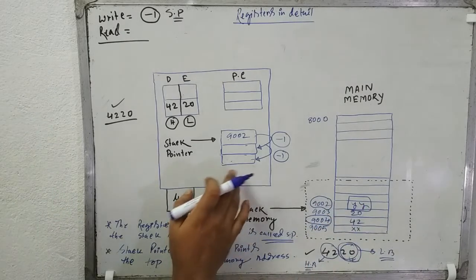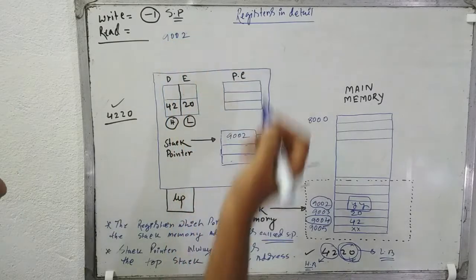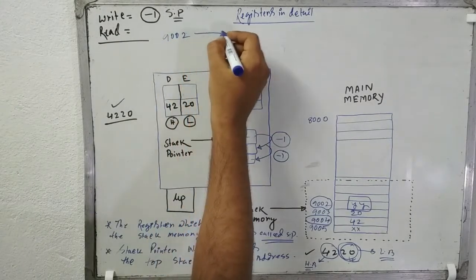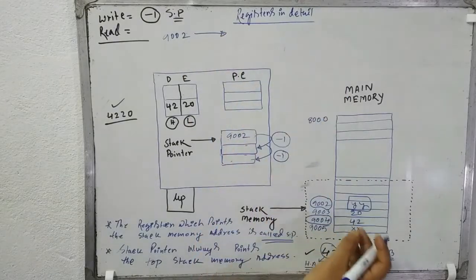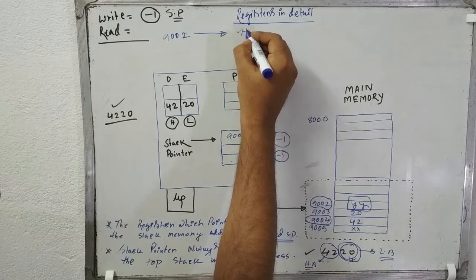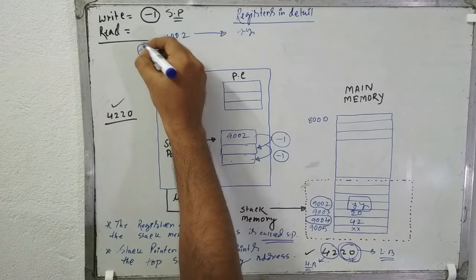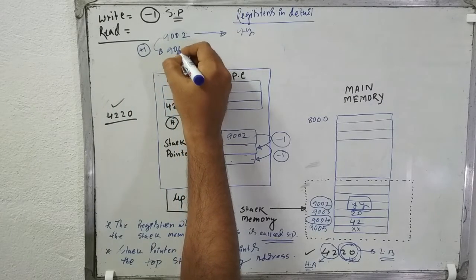So then what will happen? First it points to 9002, and the microprocessor will read the data from that stack memory location, which is YY. Then it will increment its address value and go to 9003.